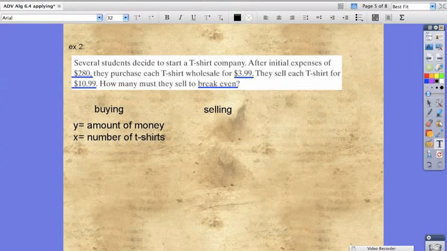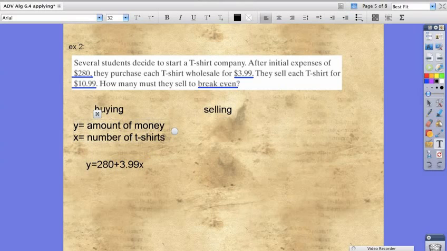The amount spent was $280, and that's a fixed cost because it's an initial expense, so there shouldn't be a variable next to it. Plus, it's $3.99 per shirt. Anytime you see per, it's a rate and should have a variable next to it. So 280 plus 3.99x tells us how much we spent.